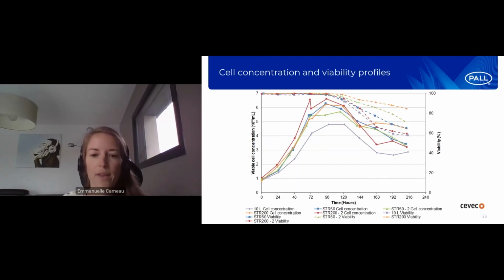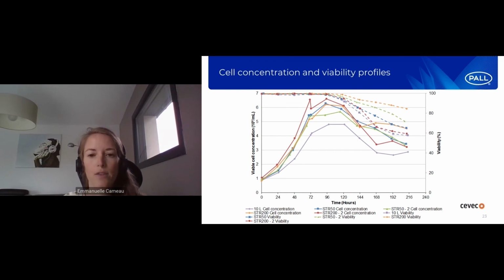So with this approach, this is a graph that illustrates the cell density, the viable cells in millions per ml, and the viability in dashed lines of the 10-liter benchtop bioreactor, which is in gray, and our STR 50 and STR 200.